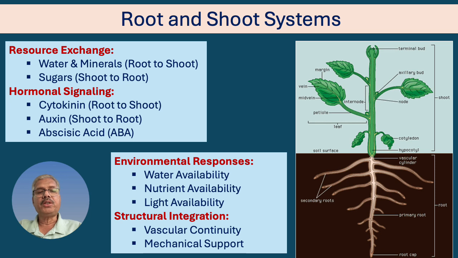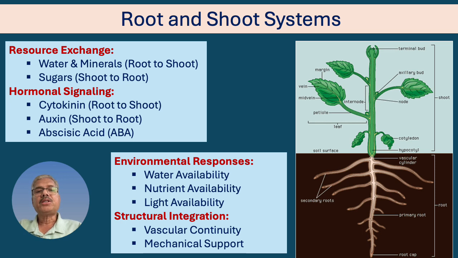Auxins are transported downwards, influencing root growth and branching. Abscisic acid is produced in response to stress in both the root and the shoot systems. It communicates the stress levels in the plant and can cause the stomata to close in the leaves to conserve water, and it can also affect root growth.